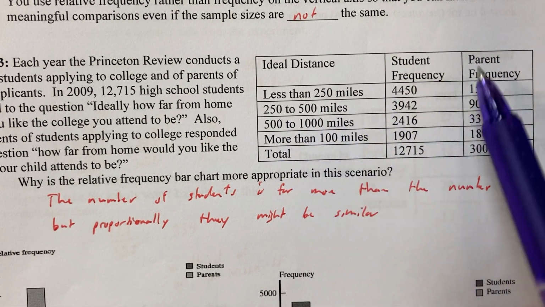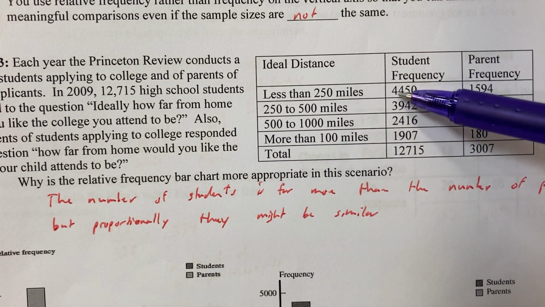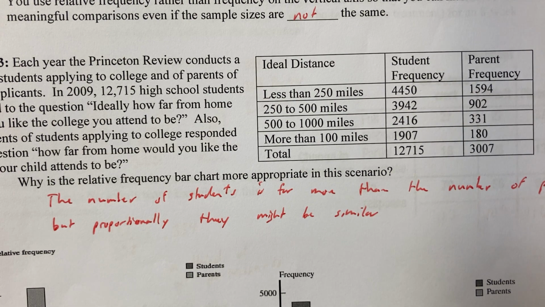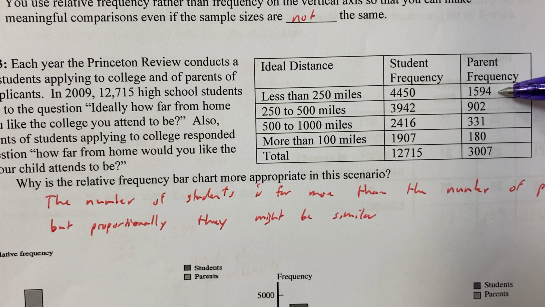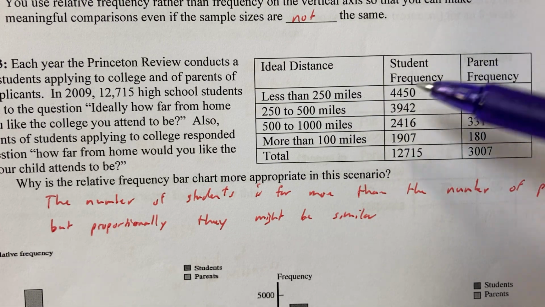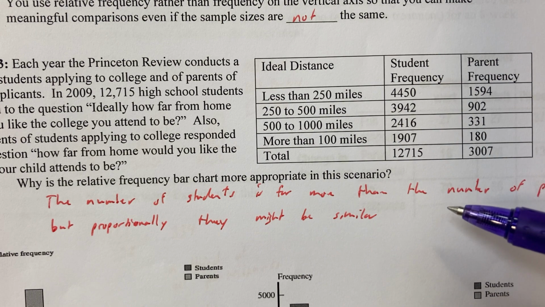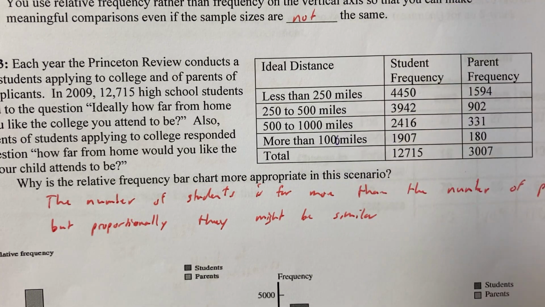Less than 250 miles. Most of these students wanted to be less than 250 miles. And then look at the parents. Most of the parents wanted their child to be less than 250 miles. More than 100 miles, I think this is supposed to say 1,000, by the way. Whoops. More than 1,000 miles.